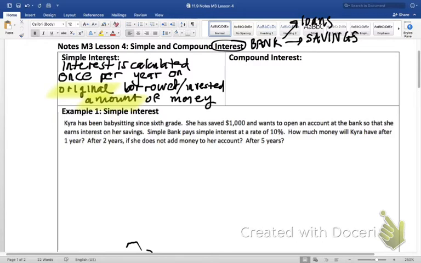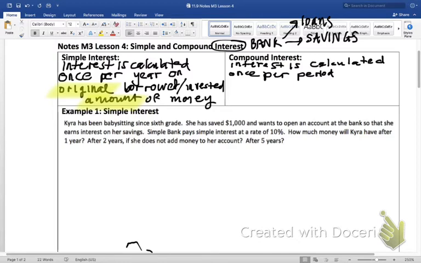But with compound interest, the interest is calculated once per period, and the period of time could vary. It could be that it's still yearly, or it could be that it's monthly.